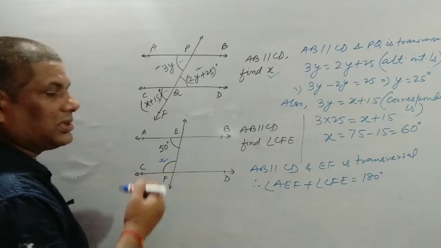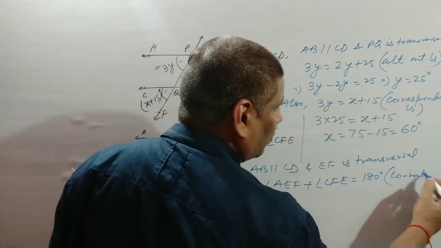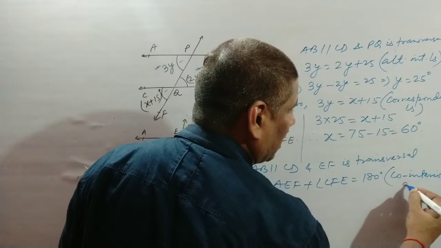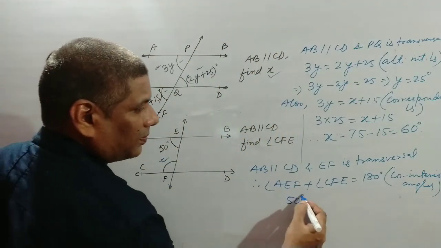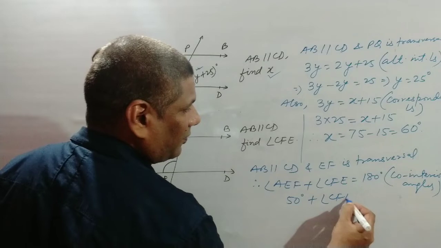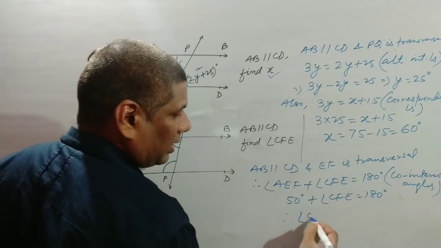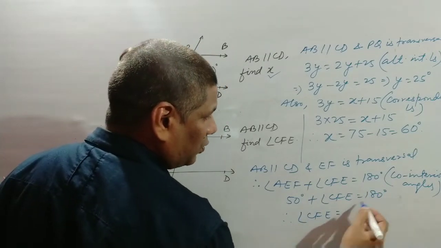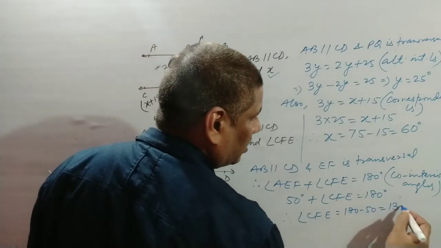These are called the sum of co-interior angles. So here it is 50 degree plus angle CFE equals 180 degree. Therefore angle CFE equals 180 minus 50, that is 130 degree.